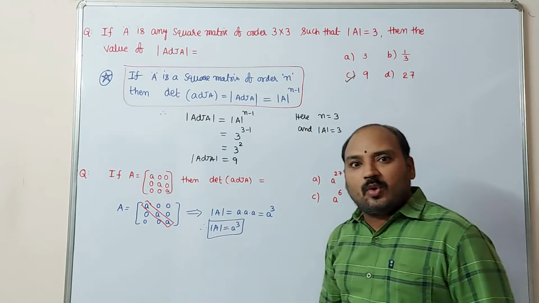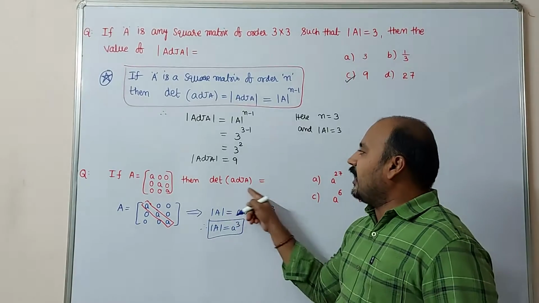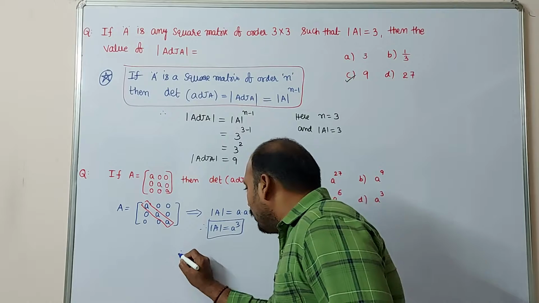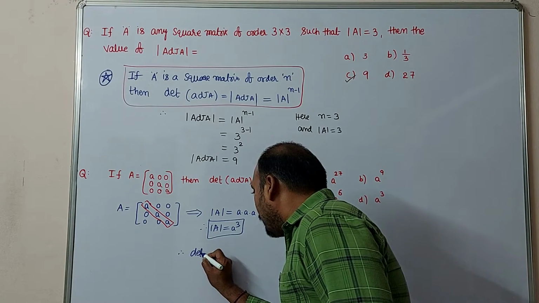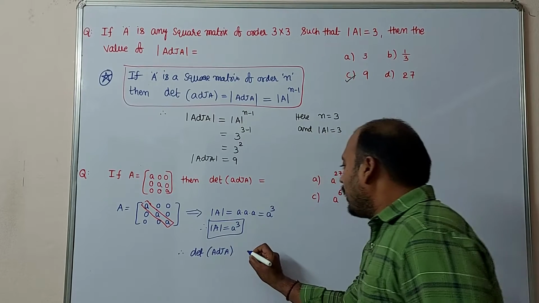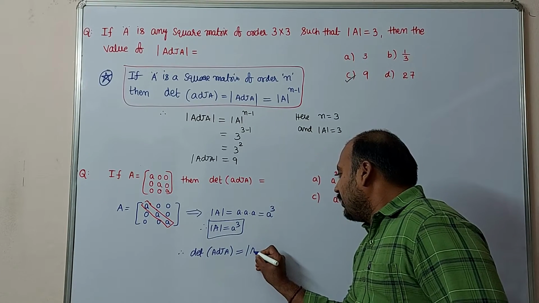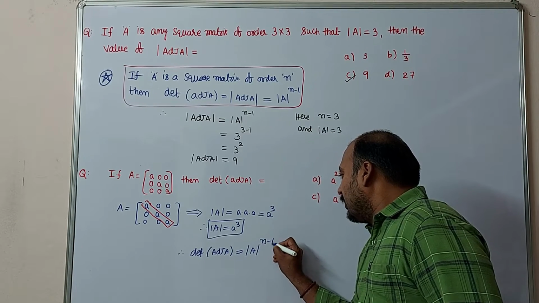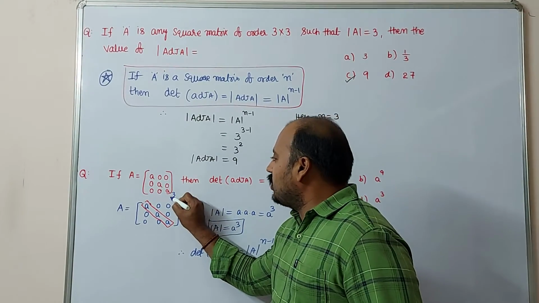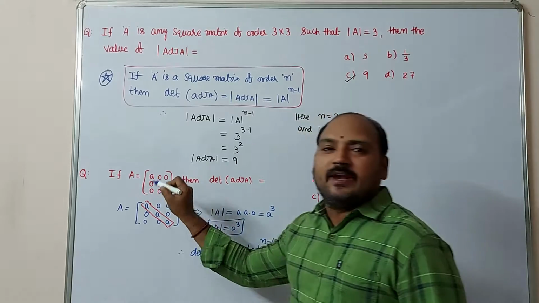We got the det A value. After that, what do we have to do? They are asking to calculate det of adjoint A. So det of adjoint A equals, write the formula, det A whole power n minus 1. According to this question, this is a 3 by 3 matrix, that means n is equal to 3.